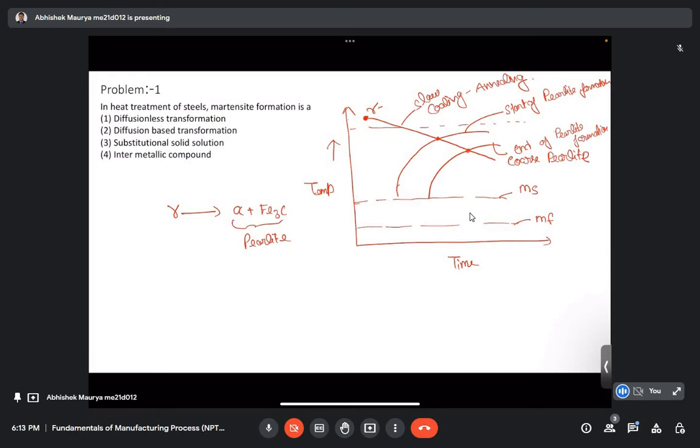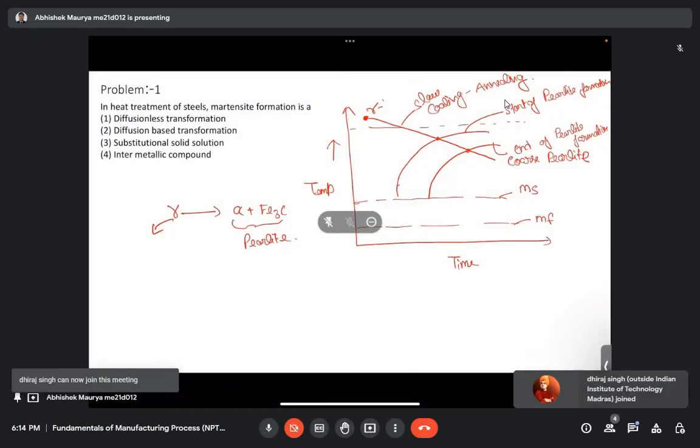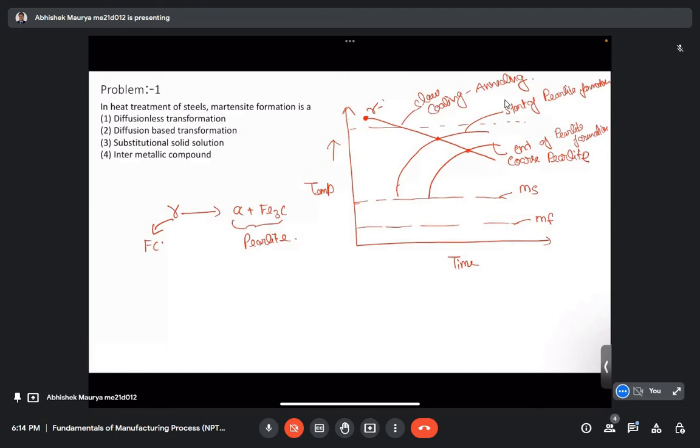And we know the crystal structure of austenitic steel is face centered cubic. When this austenitic steel, gamma, transforms into alpha plus Fe3C, we get alpha as BCC, and Fe3C becomes orthorhombic.